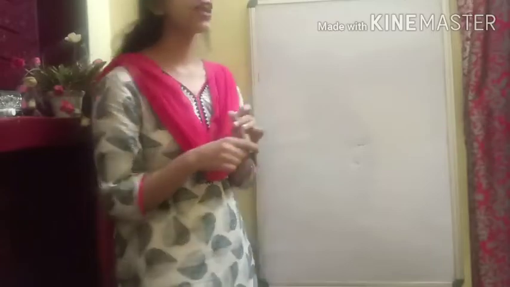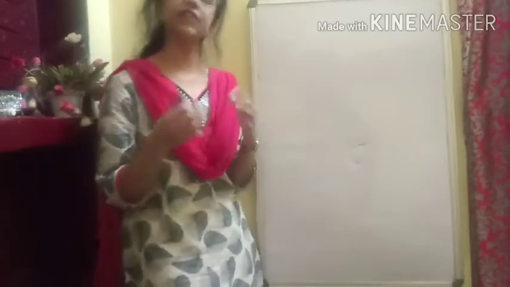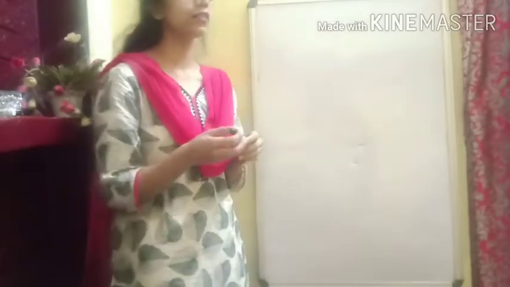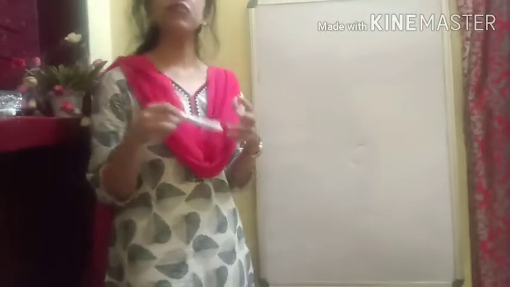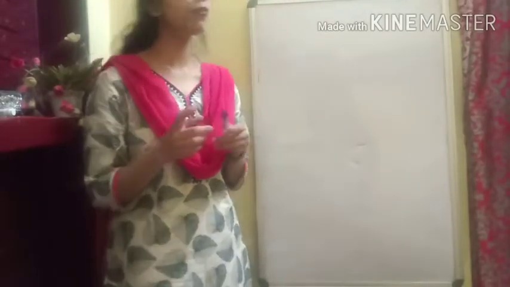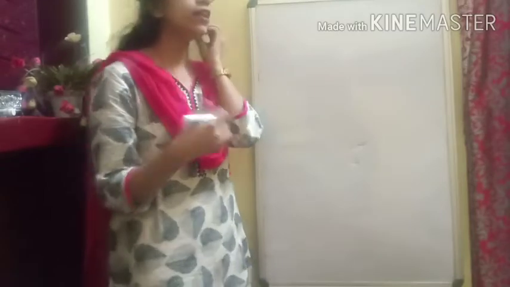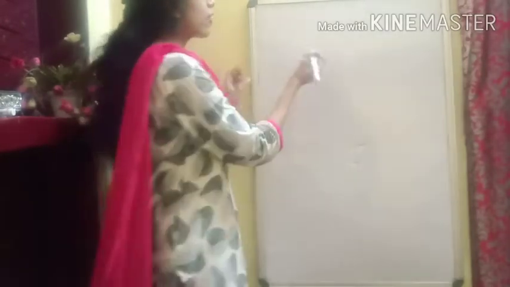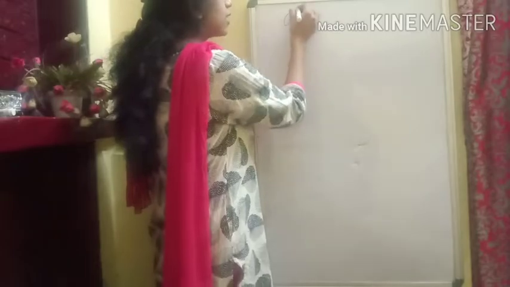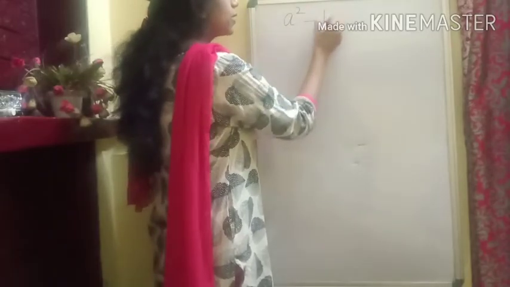Okay, now we are going to start our second exercise, and in this exercise we again have to factorize things. Here we have to factorize depending upon the difference of two squares. In this exercise we have to use the identity a square minus b square.